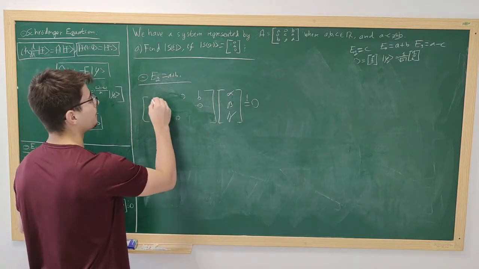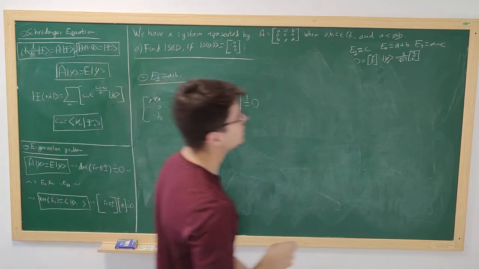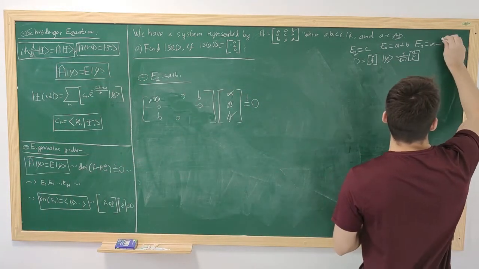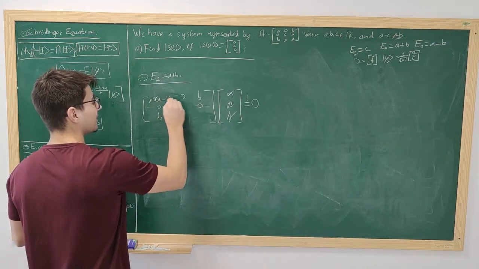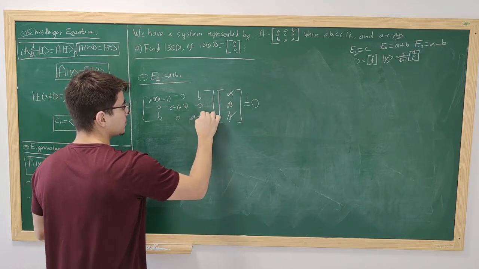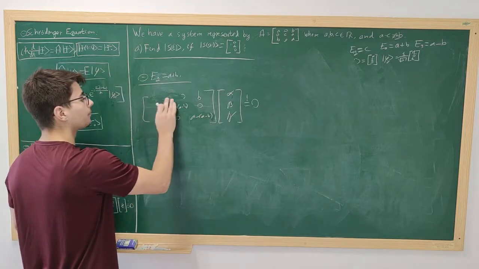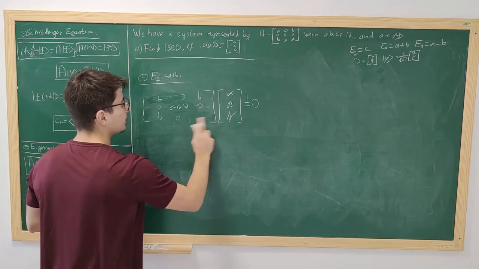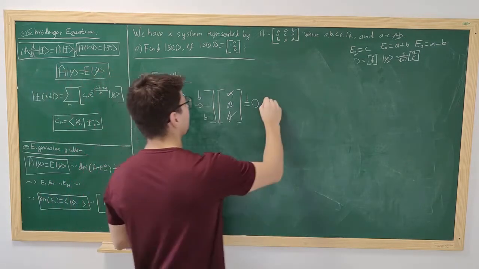So A minus (A minus B), sorry, this is not a C, this is a B. C minus (A minus B), and A minus (A minus B). Again, in this case we get plus B.